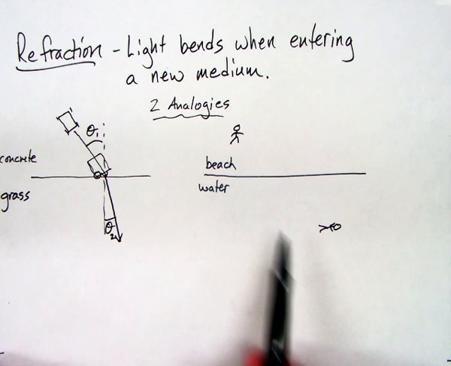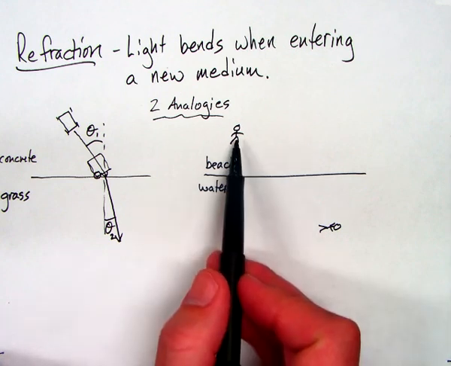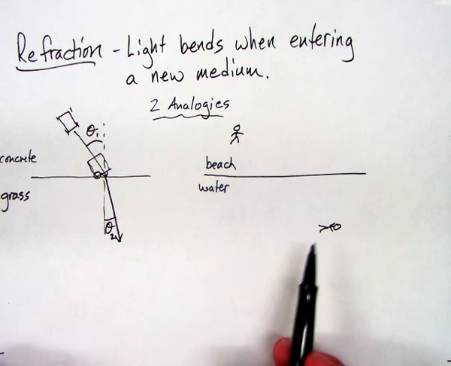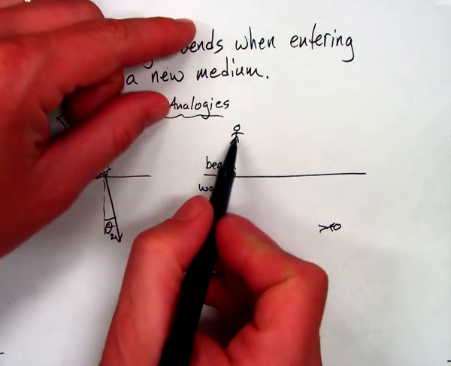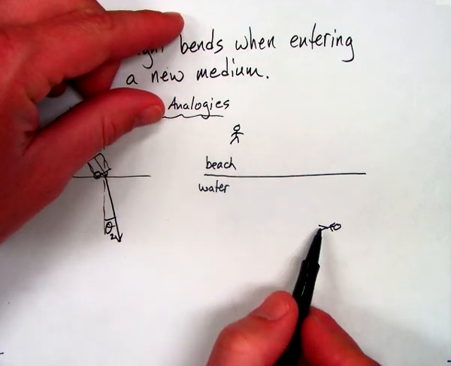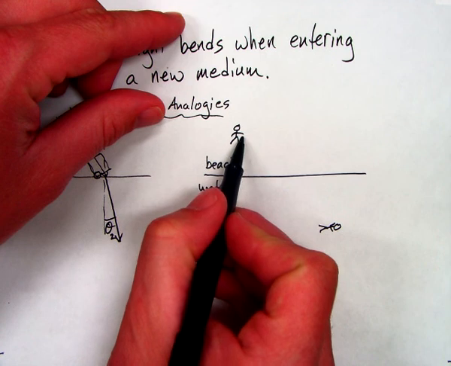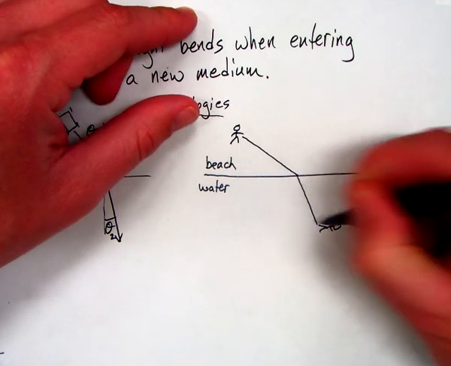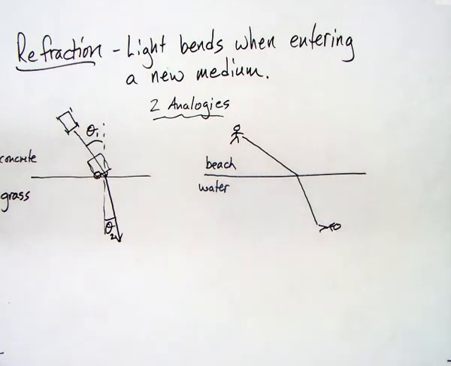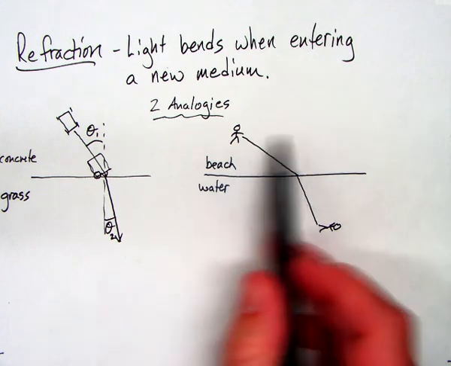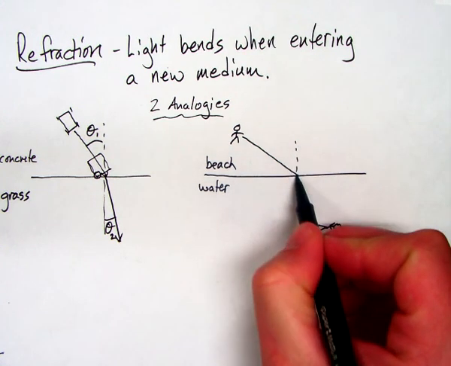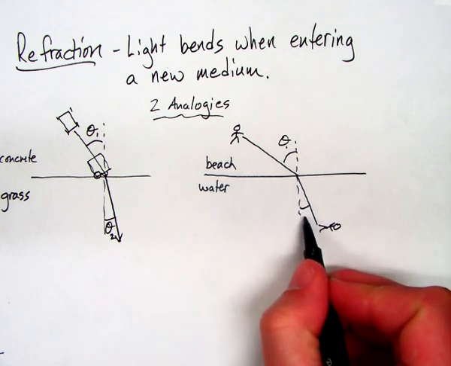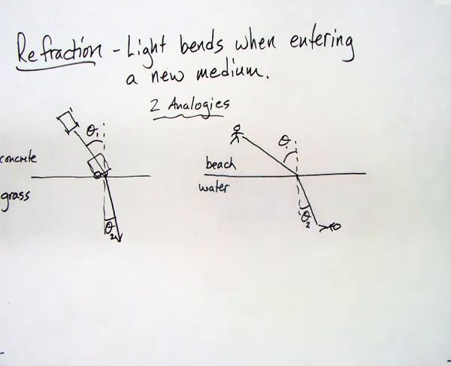However, if the lifeguard is smart, they'll know that they can run faster on the beach than they can swim in the water. And so, rather than traveling straight through to the swimmer, the lifeguard will take a path that takes them more on the beach and less on the water. In the faster medium, the angle in will be greater than the angle out when measured from the normal.